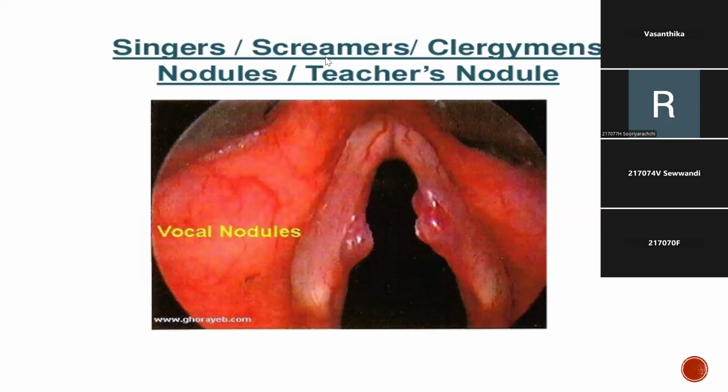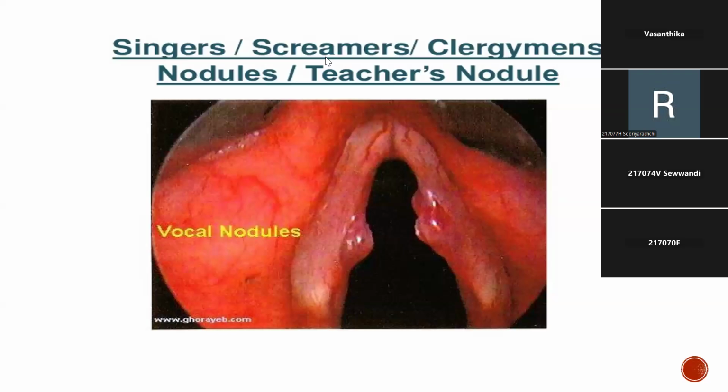In this initial stage, if you diagnose them, you can give speech therapy, and you can give some exercises for the patient to do and teach them vocal hygiene and methods of talking. You can prevent a surgical procedure.